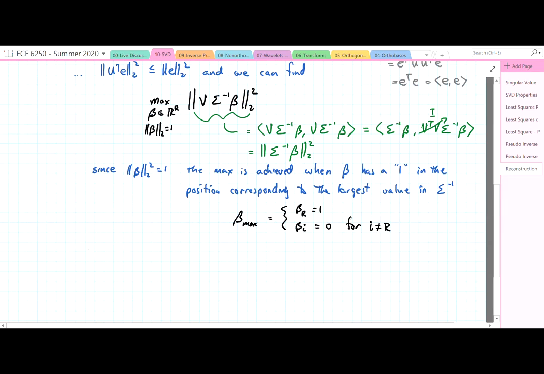We have that our max is now equal to 1 over sigma_r, and since it's norm squared, we'll have a square there. Okay, so that's our worst case error.